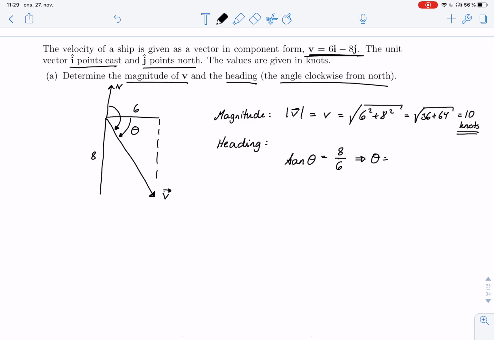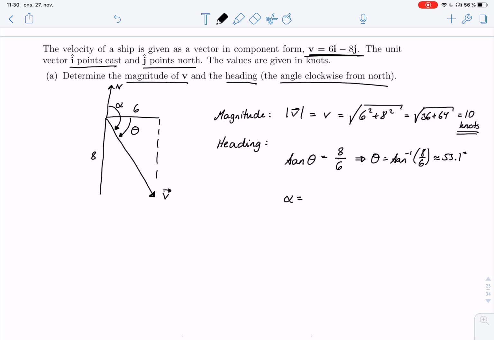So theta would be inverse tangent of 8 divided by 6, which is approximately 53.1 degrees. So it lies between -90 and 90, as we suspected. But the heading that we're looking for, let's call that alpha.